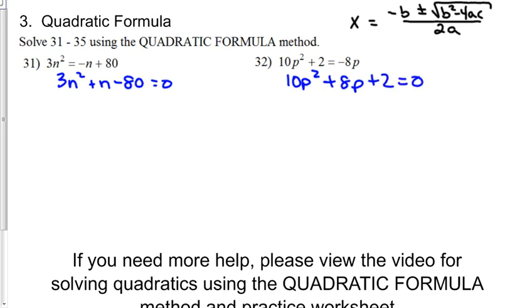And then we're able to pick out the a's, b's, and c's. So a is always your quadratic term, or the term in front of the squared. B is the linear term, or the term in front of the letter by itself. And c is the constant term, the one without any letters.